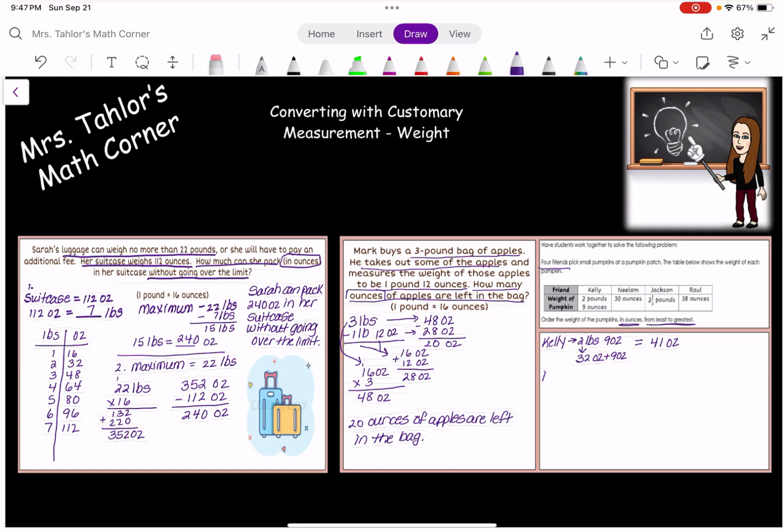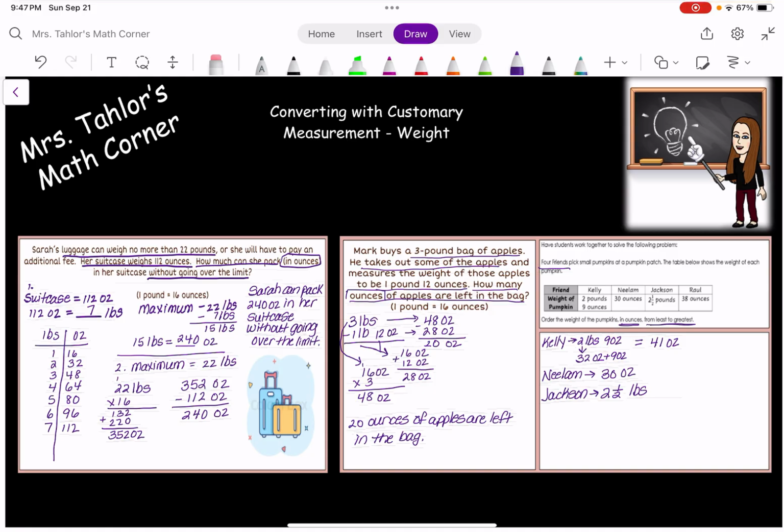Next, I can do Neelam. Neelam's pumpkin is already in ounces, so I can just write 30 ounces. Jackson, his pumpkin is 2.5 pounds. So that will need to be converted into ounces.